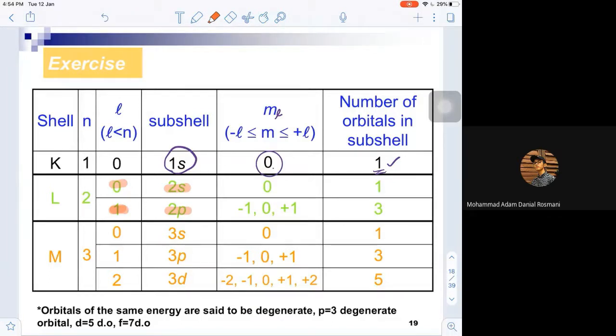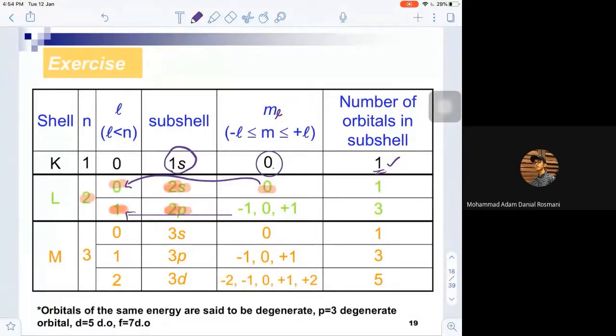Both are 2 because they are at n equal to 2. Look at the ml value. For 2s we have only one ml value. The ml value is referring to its own L. We have negative 1, 0, and 1 because its L is 1.